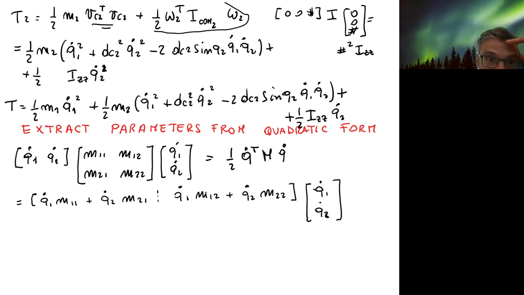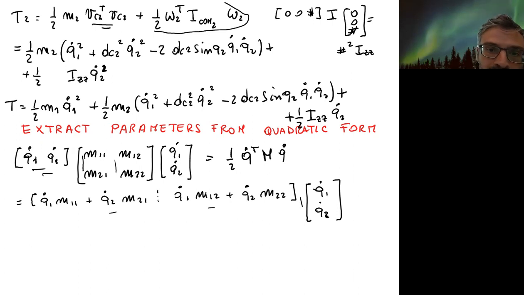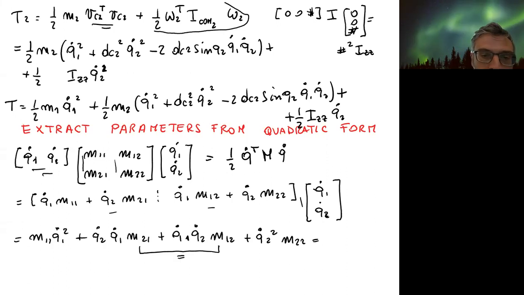If we do this product explicitly, you multiply this column for this and this column for this, and you get these two elements, and then you multiply again for the Q1 Q2 dot vector, then you get this quadratic expression. We know that the inertia matrix is symmetric, so M21 is equal to M12, the off-diagonal term, and we can extract it directly from the kinetic energy expression.